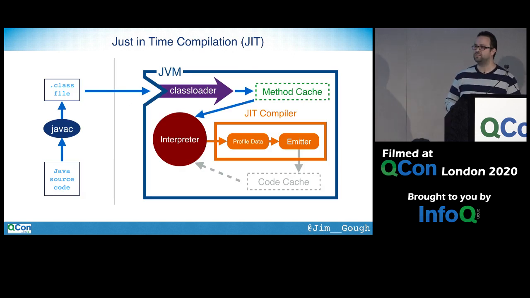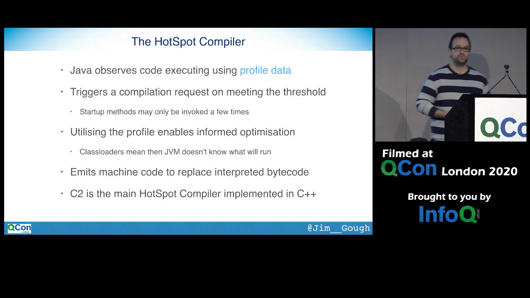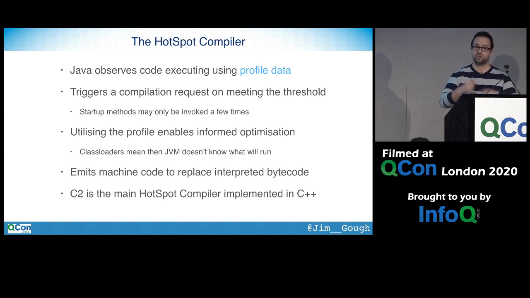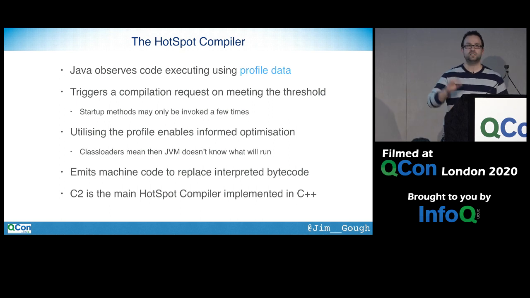That's where it gets interesting, because we've got this information, so what do we do with it? Well, there's a thing called the JIT compiler. What the JIT compiler does, or the C2 compiler, if we're going to be specific for the HotSpot example, is observe the code as it's executing. And please don't confuse this with complicated profiling. There's lots of profiling that exists. This is purely tracing through the invocations that you've done.